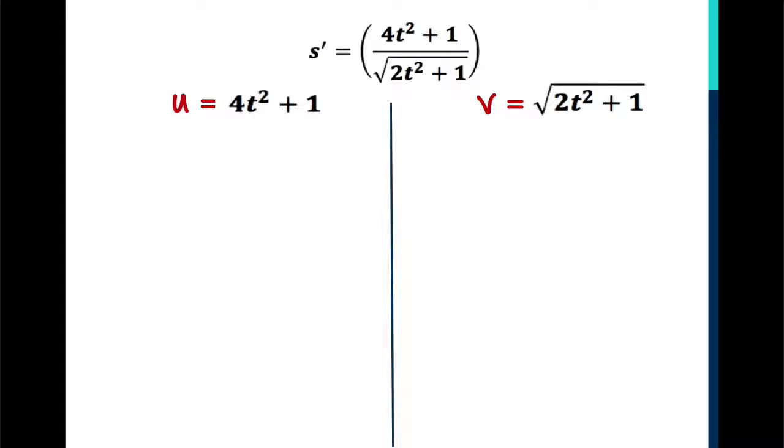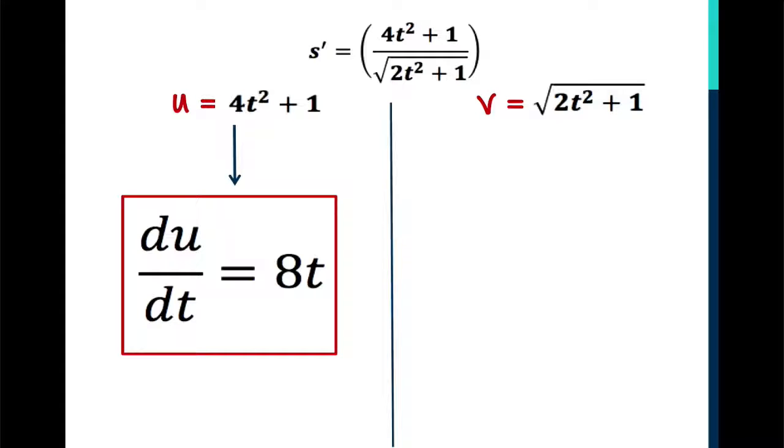So in getting the derivative of u, we need to get the derivative of both terms. In this case, 4t squared is equal to 8t rather, and 1 is equal to 0 by virtue of constant rules. So we get the derivative of u is equal to 8t.